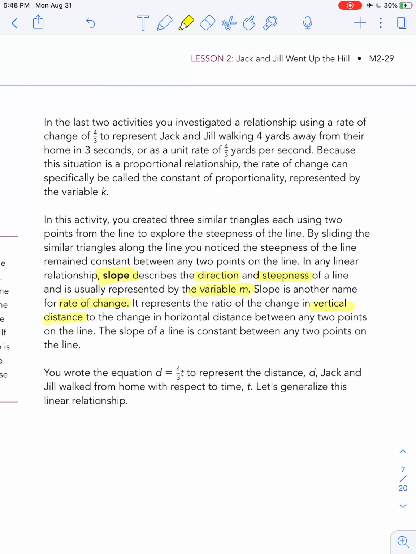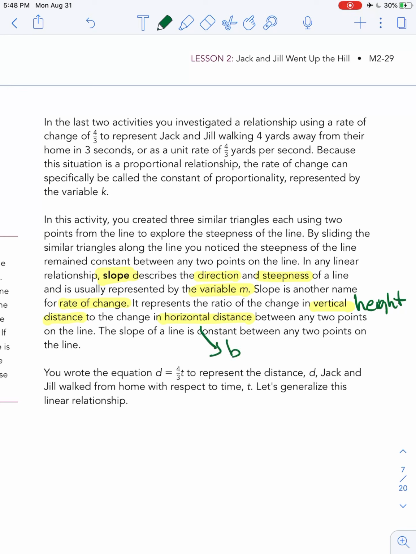It is the vertical distance, which means the height. It is a ratio between the vertical distance and the horizontal distance, the change in those.